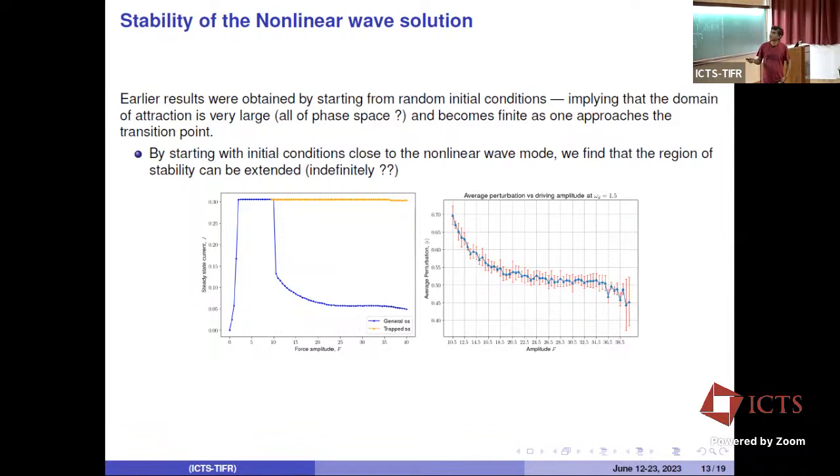But if you actually start your initial conditions from somewhere close to this traveling wave solution, then we find that it can continue to stay in this mode. So in fact, in this force regime, there are two solutions. There are two attractors: one is a periodic attractor, and the other is a chaotic attractor. So that's the first interesting result.